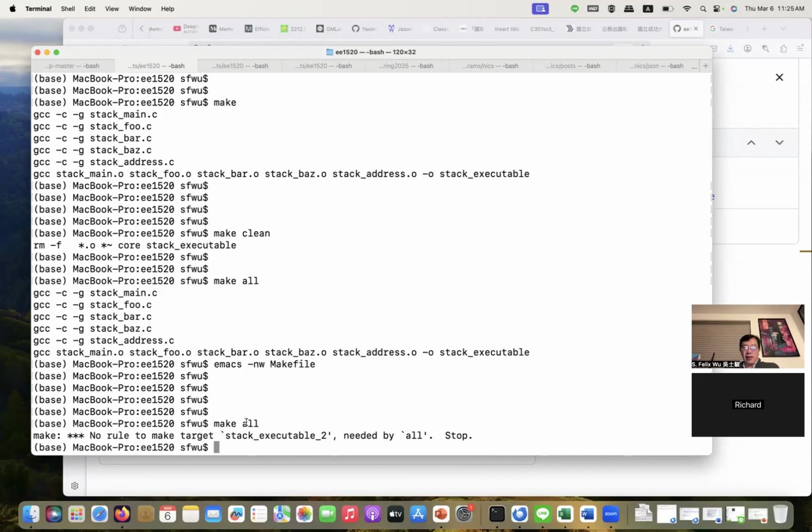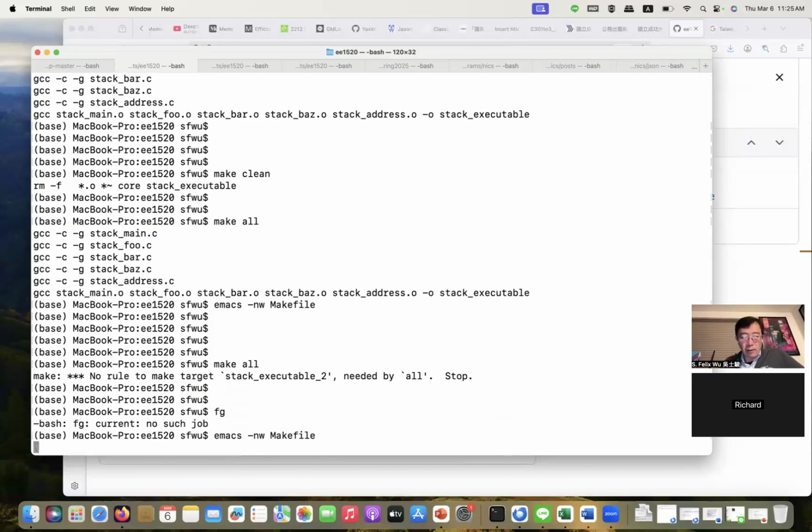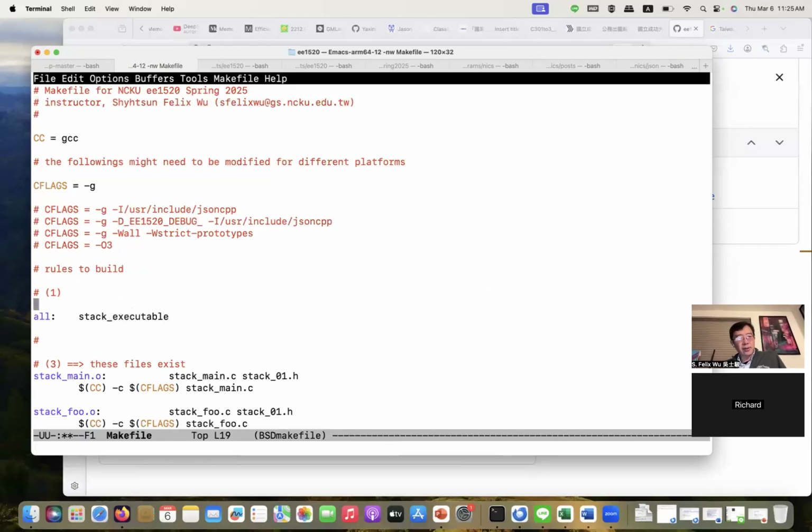In this case, it just goes there. However, it doesn't have another rule called stack executable 2, so that's why it's okay. That's actually good to know. So I have to get rid of this.